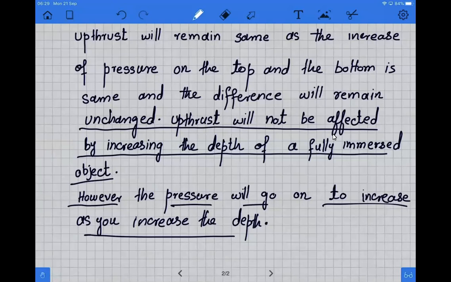Upthrust is the net or the resultant force that depends on the change of pressure, and since the change of pressure remains the same, the upthrust is not affected with the increase of depth. However, the pressure itself, which is the compressing effect, will go on to increase when you move towards the depth. So these are the two things you have to understand.